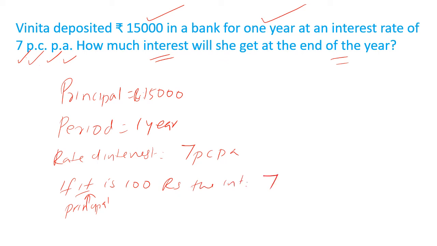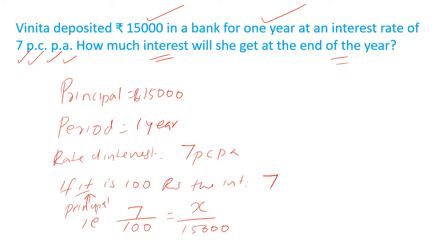So we will go for our earlier knowledge of ratio and proportion, where we will write 7 rupees if 100, then X rupees if 15,000. That means X upon 15,000 is equal to 7 upon 100. From that we will calculate how much Vinita will get.